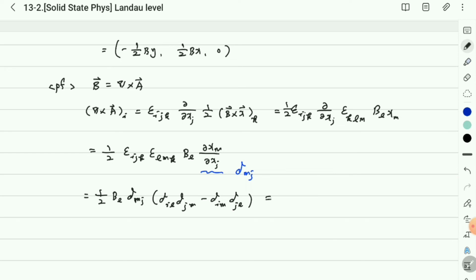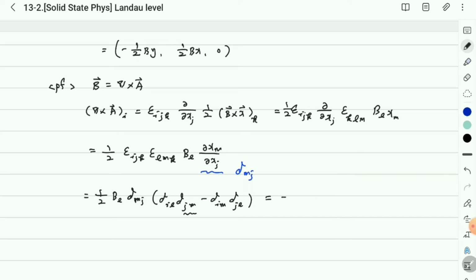Then it can be written because m should be j, and because of a three-dimensional space the summation is omitted.